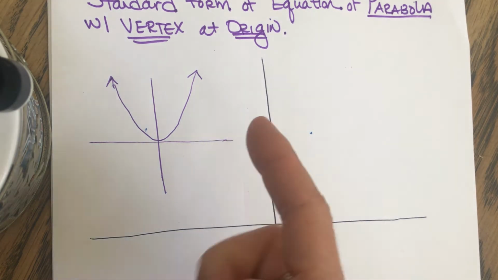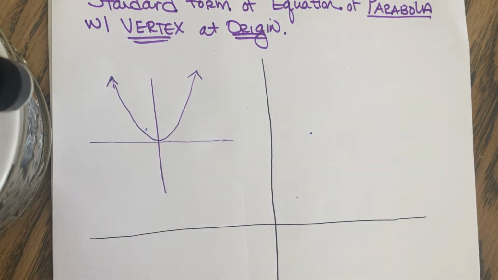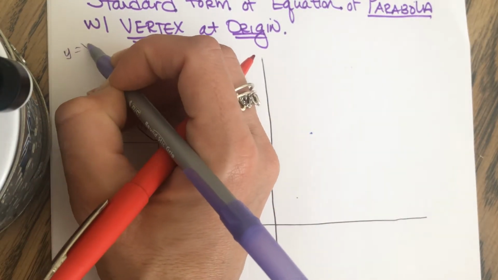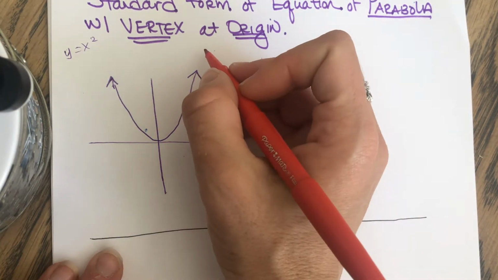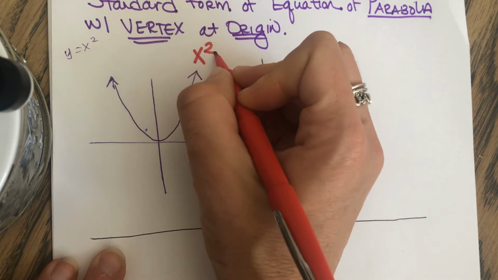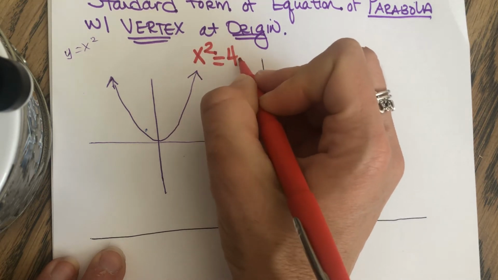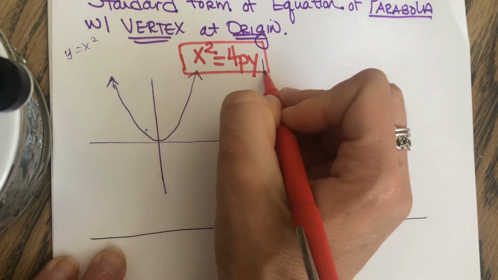Hopefully you guys are aware of that, right? Y equals x squared. We've always talked about that, where it was a basic, that's what you guys are used to. What I want you guys to write now in your paper is x squared, still an x squared, equals 4py. Just write that down. That's what the first one's going to look like.